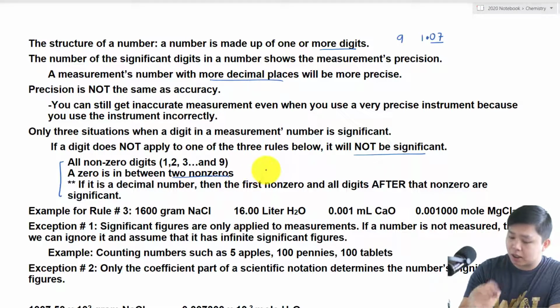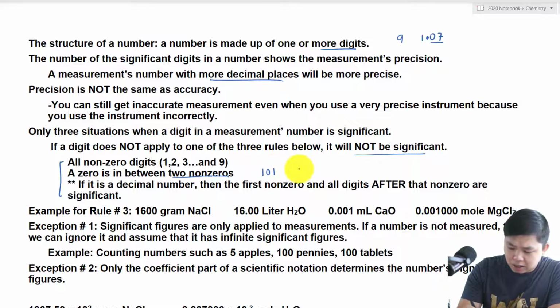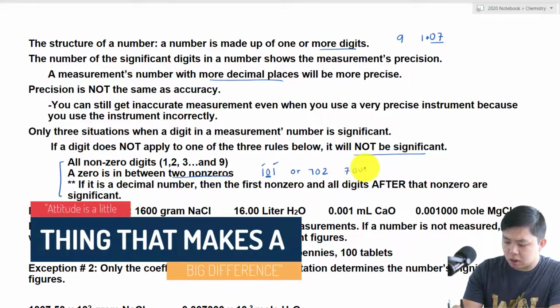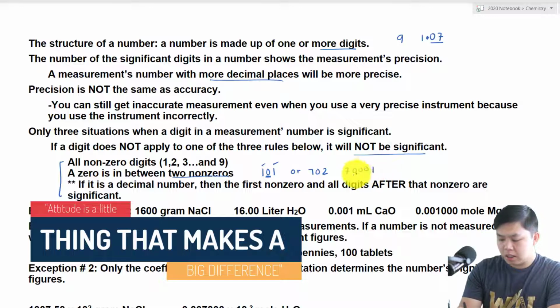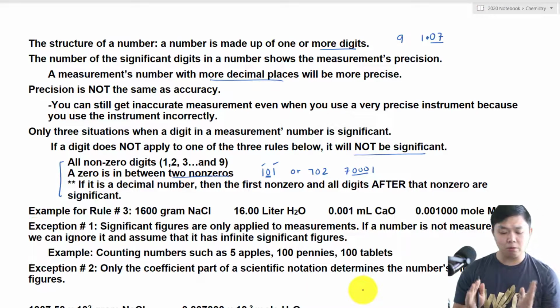For example, let's look at this: 101. Or I can change this to 702. Notice how this 0 here is between 2 non-zero digits right there, so it's significant. Or I could have 7001. These 0s are also significant as well.